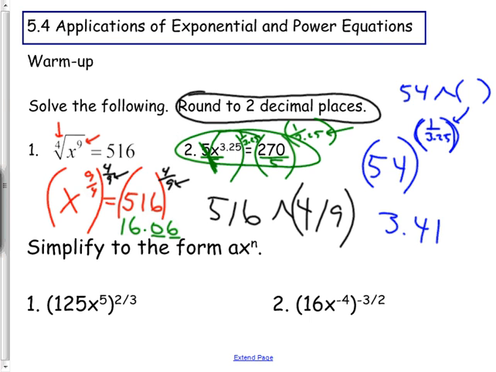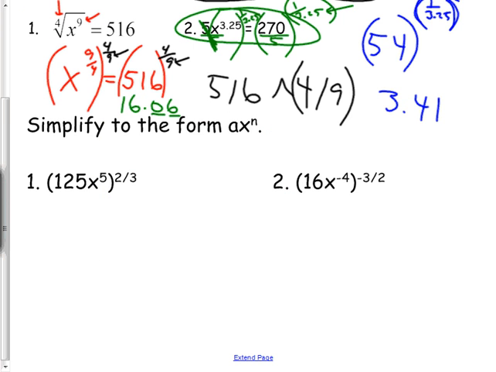Okay. Simplify this one. All right, so if you're simplifying these, that means you can't get the answer. The answer is not like 4. You can simplify it, though, as in you can put each of these numbers, it's kind of like distributive, to the 2/3 power. And do you remember how to do a power to a power?